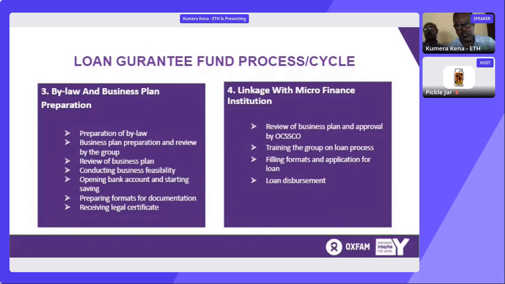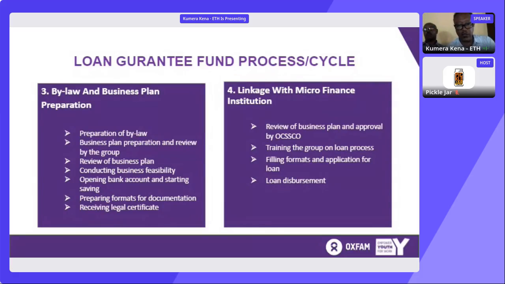In this component, we have around 4 major activities. The first one is review of the business plan and approval by the microfinance institutions. The next one is training the groups on the loan process, which will be done by the microfinance institutions.